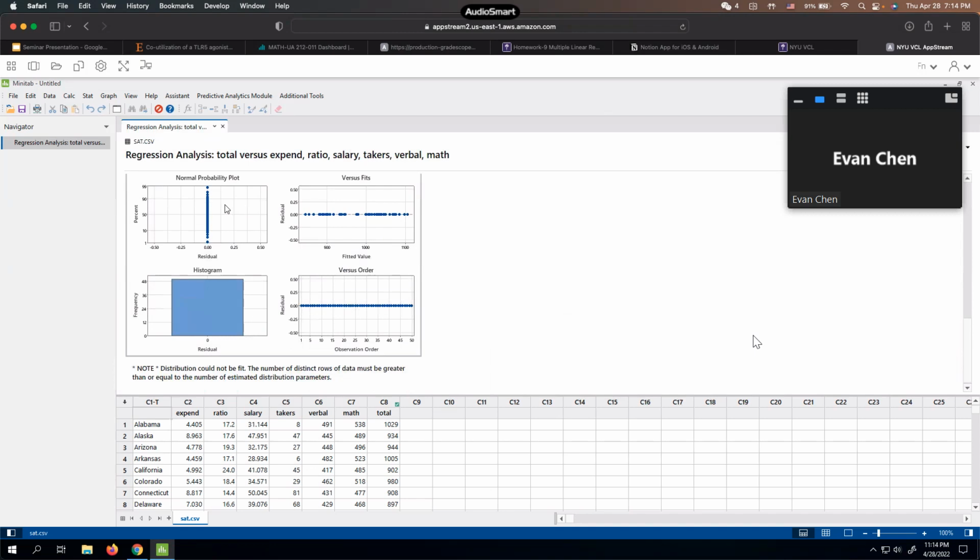Yeah, it's all zero, and is this supposed to look like this? No, it doesn't.